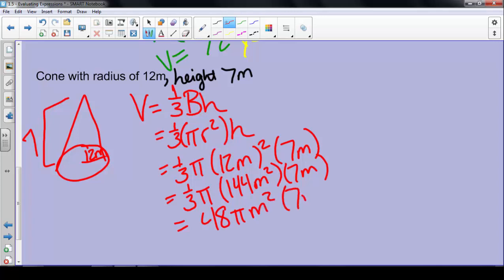We still have this times our 7 meters. 48 times 7 is 336. We still have our pi, and now it's meters cubed from this meters squared with that meter.